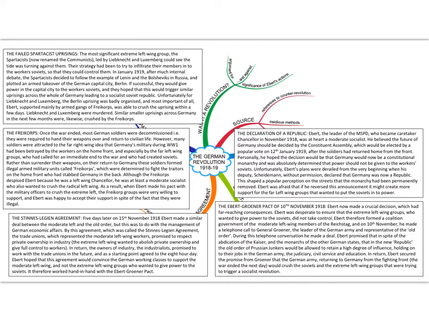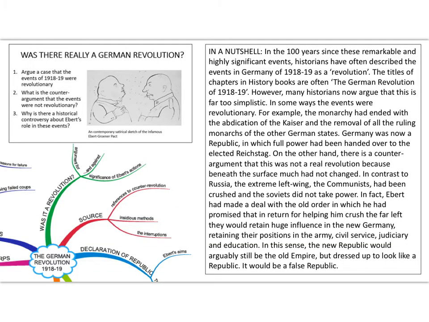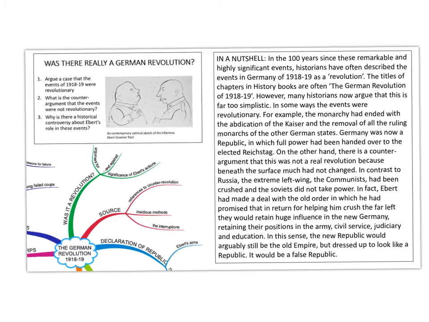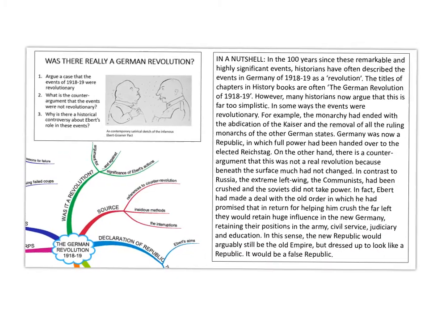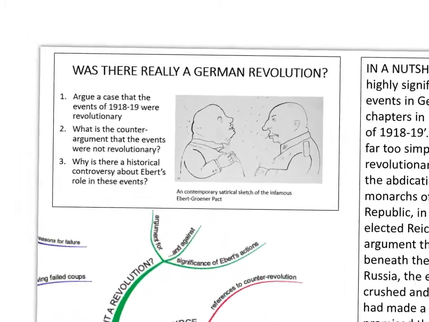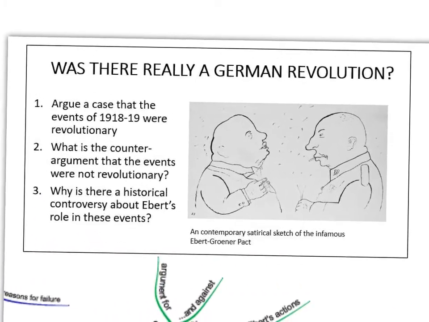So the strand that we now need to pick up is that one there: the debate. Can these events be classified as a revolution? So, here we are. There are our key questions.